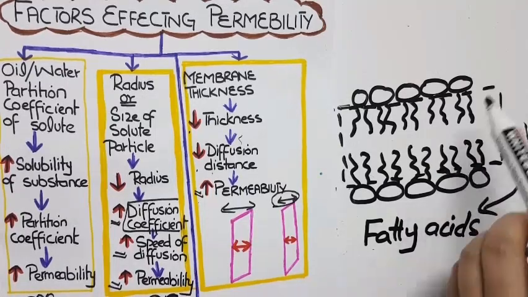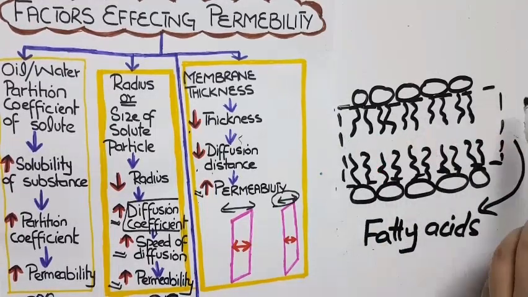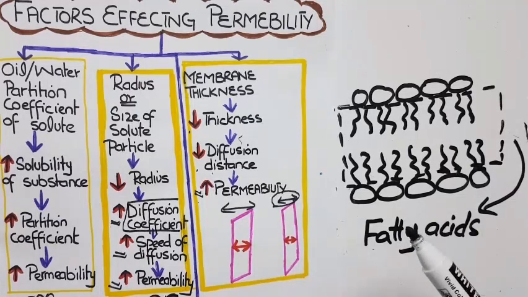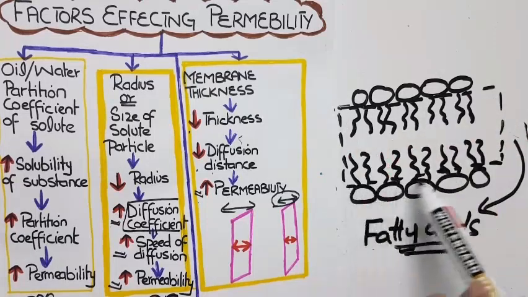We know that the internal part of the lipid bilayer is made up of fatty acids, and this part is organic in nature. So the permeability of a solute particle depends on the solubility of that solute particle in this fatty acid part of the lipid bilayer.